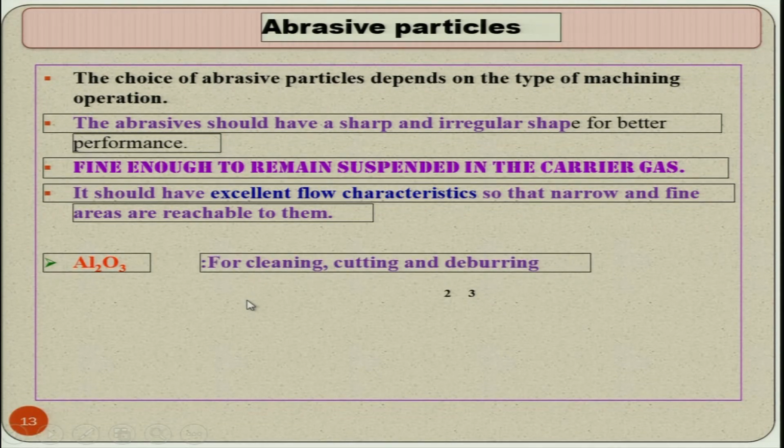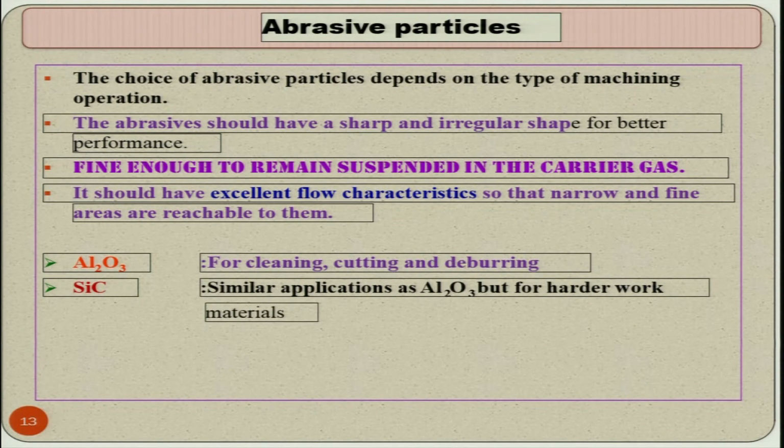Some of the abrasive particles are like this: alumina, Al2O3. It is not a very hard material, hence it is used mainly for cleaning purposes, some soft material cutting purposes also, and deburring is a very important work that is done with the help of these abrasive particles.